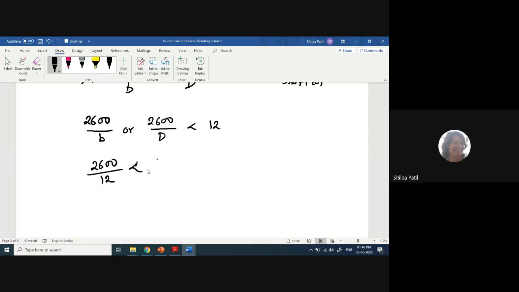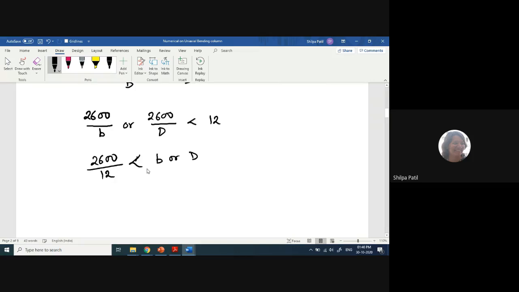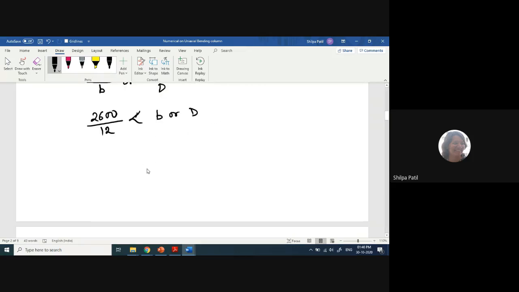It will be B or D. Okay. So find out the value. 216.67. Yes. So my width of the column and also the depth of the column should be greater than 216.